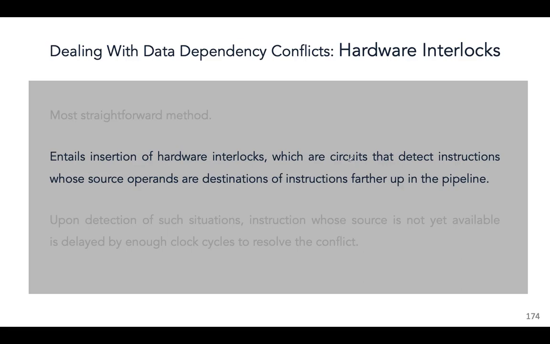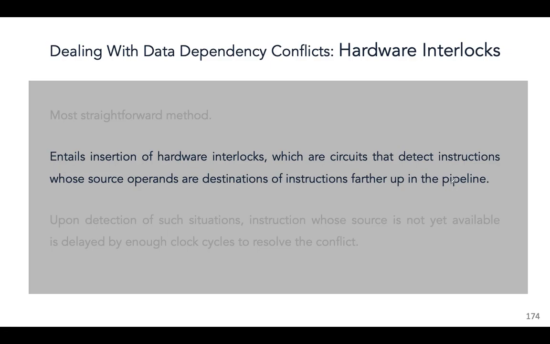Hardware interlocks are circuits that detect instructions whose source operands are destinations of instructions farther up in the pipeline. Simply stated, this is a special circuit which is introduced into the pipeline, and the main task of this circuit is to check all of the instructions and make a proper analysis of which instruction requires operands from which other instructions, right?